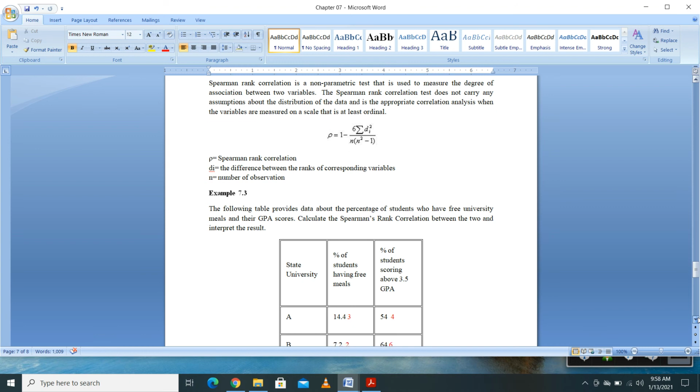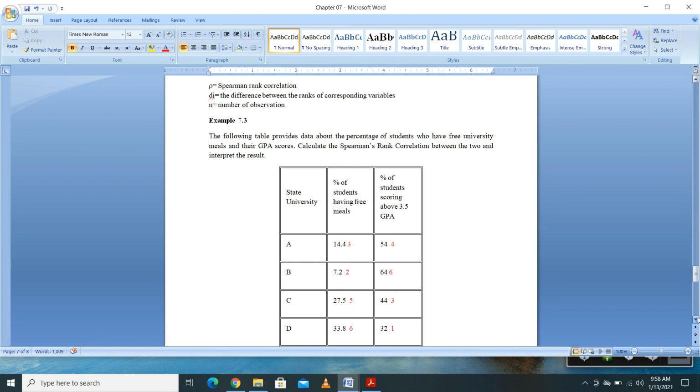Now if you look at this example, it says the table provides data about the percentage of students who have free university meals and their GPA scores. You have to calculate the Spearman rank correlation between the two groups, and then you have to interpret your results.